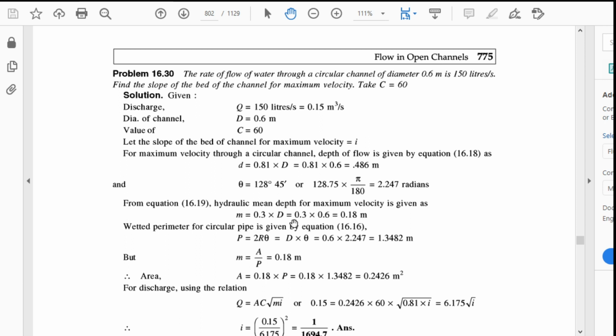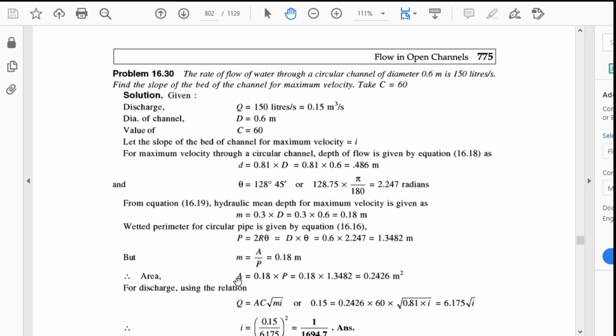But for the calculation of discharge, the area is not given. So find the area by using the formula of hydraulic mean depth. You can get A as m into P. We have already calculated m as 0.18 and the perimeter is 1.3482.